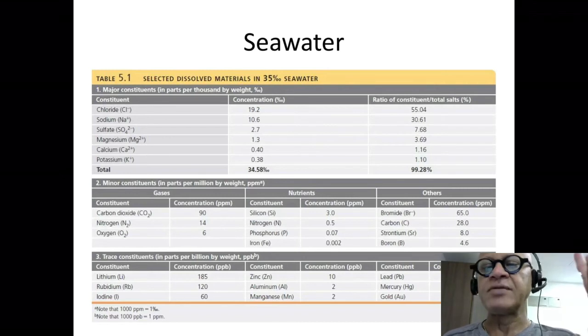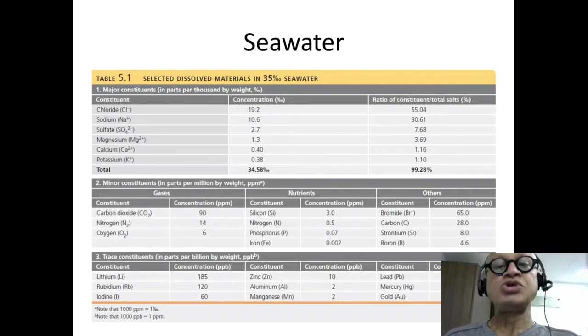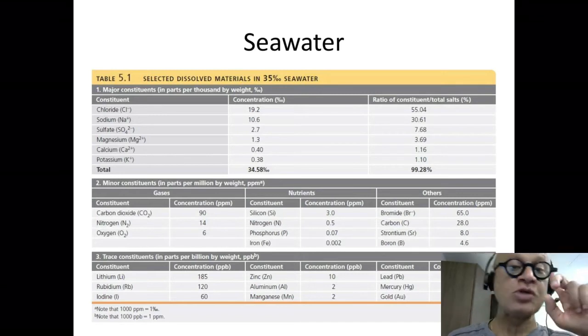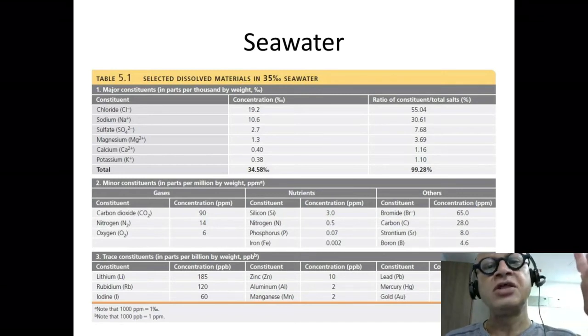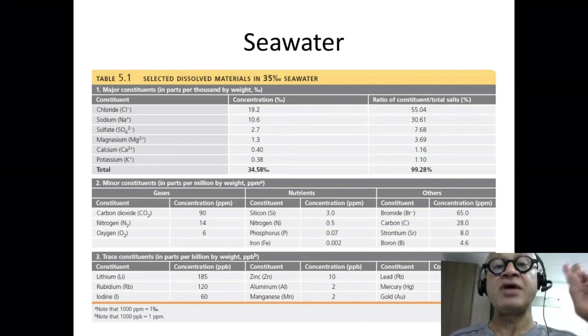Okay, but the story is not complete because carbon dioxide in the ocean, we'll see later on, is present in many forms. So even though it's 90 ppm, which looks like it's much less than the more than 400 ppm we have in the atmosphere, actually the ocean is not so limited by carbon dioxide.